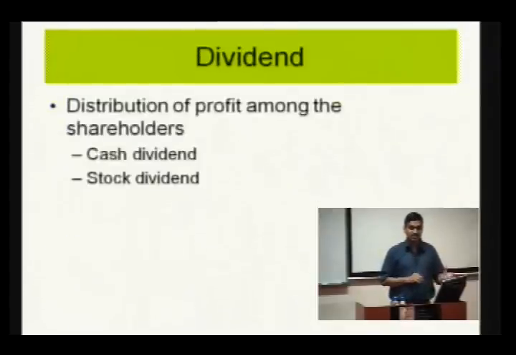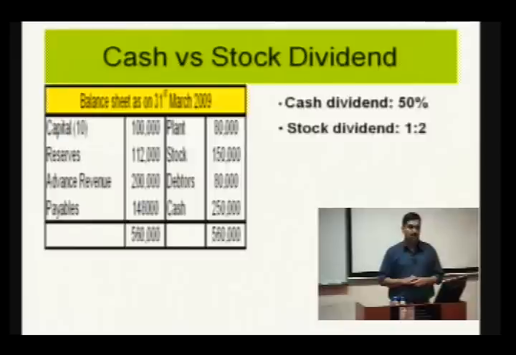So, as I mentioned, dividend is a distribution of profit among the shareholders. It can take the shape of cash dividend or stock dividend. Let us take the example of this company, a hypothetical one, with a capital of 100,000, reserves of 112,000, the rest assets and liabilities.